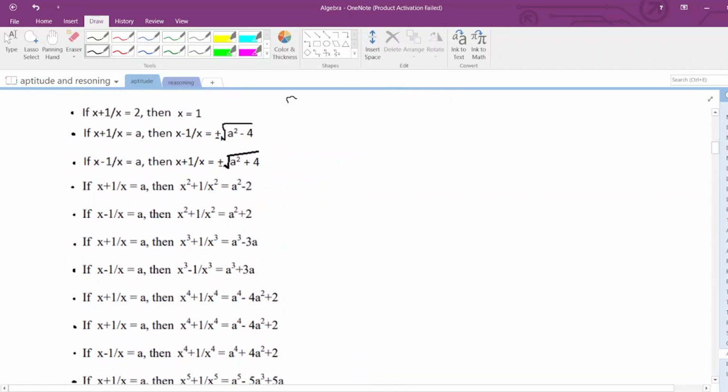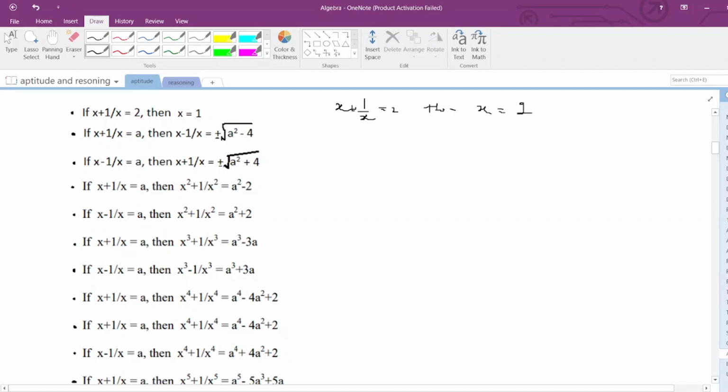And not only that, these are the very important formulas you have to remember. Not formulas, you can consider them points. See, let's suppose if the question gives x by 1 by x is equal to 2, then what is the value of x? If they ask, then x is equal to 1.